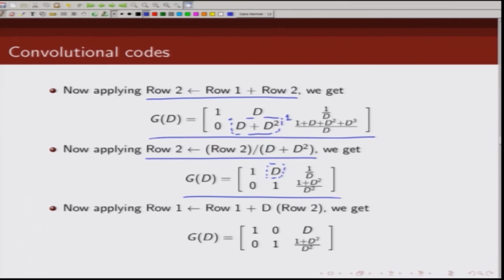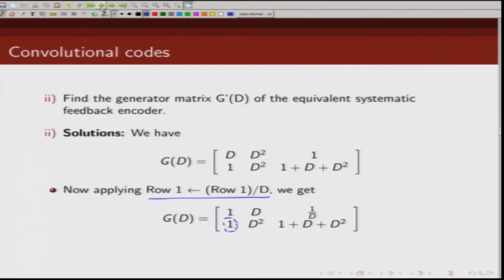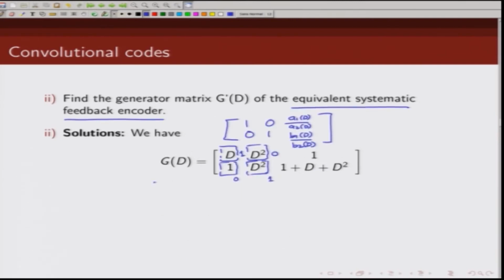We multiply row 2 by D and add it to row 1. So, we do this transformation, row 1 is row 1 plus D times row 2, and when we do that, we get this. So, this is our equivalent systematic encoder for the generator matrix, this. Okay.